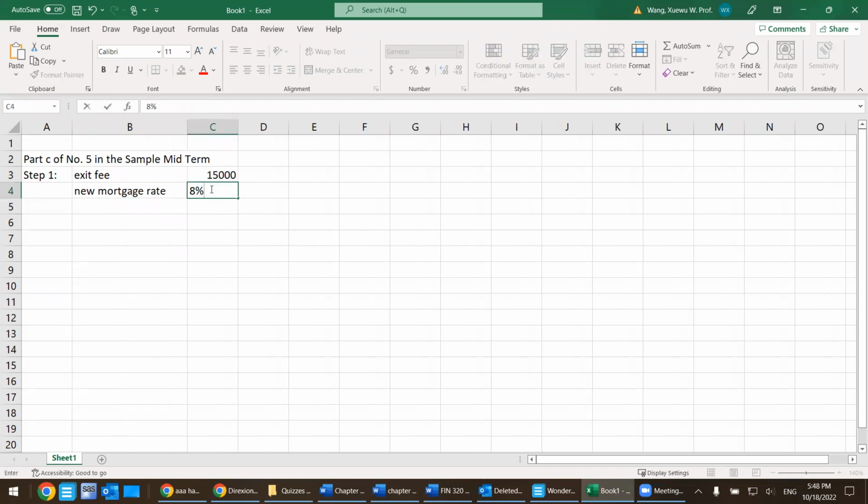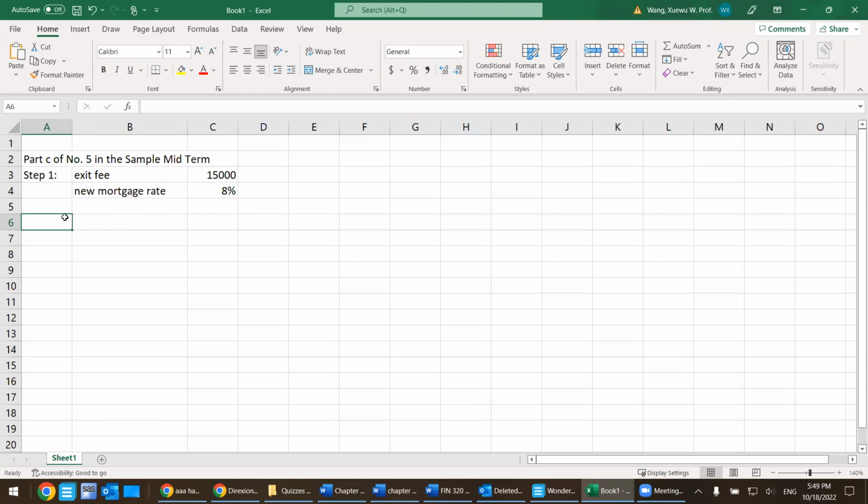Okay, so we know that as a rule of thumb, you want to consider refinancing if the drop in the mortgage rate is at least 2%. All right, so in this case, it's dropping from 10 to 8%. So that means they are considering this possibility of refinancing.